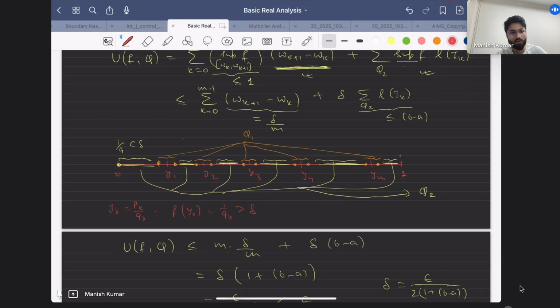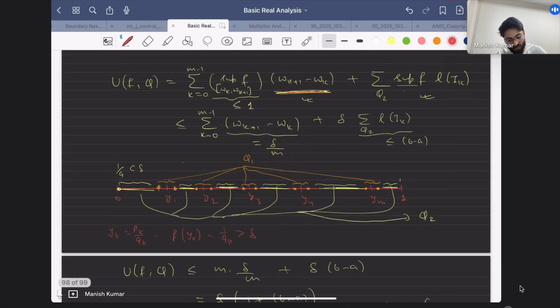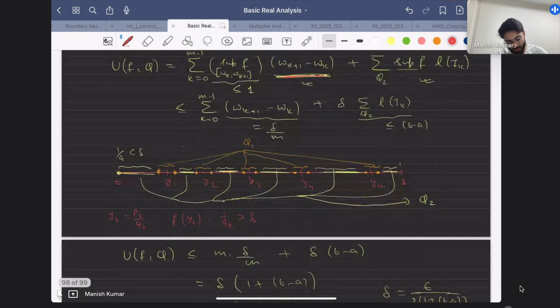So we named them W0, W1, W2 and so on. In this part we use the fact that this is very small and hence this quantity we made it small. Yes sir, yes. Okay. Here we use the fact that in the rest of the part the function is very small and hence this quantity is going to be very small. Okay. That's all.